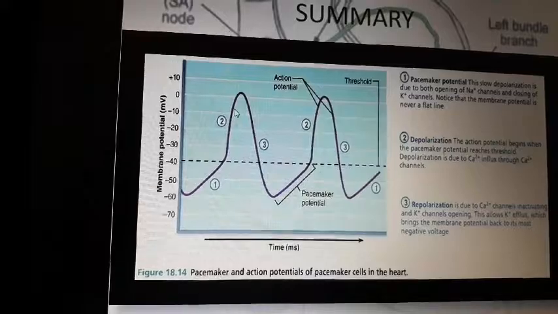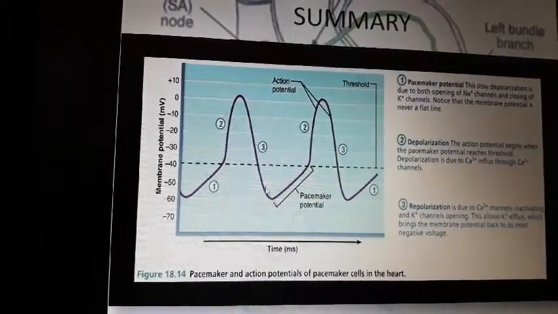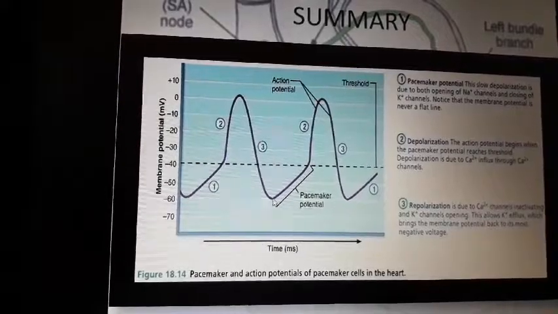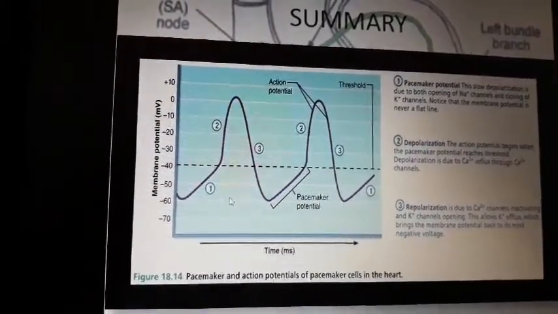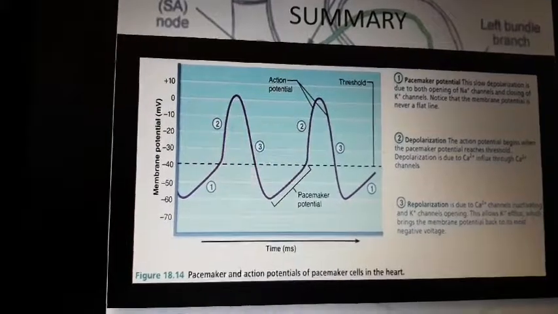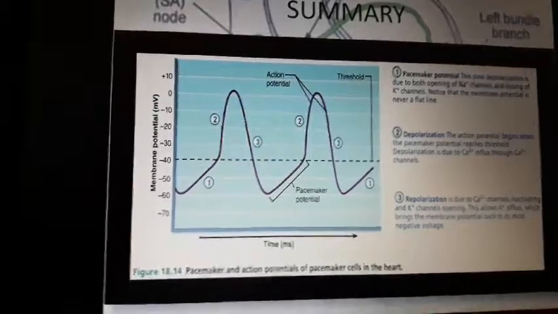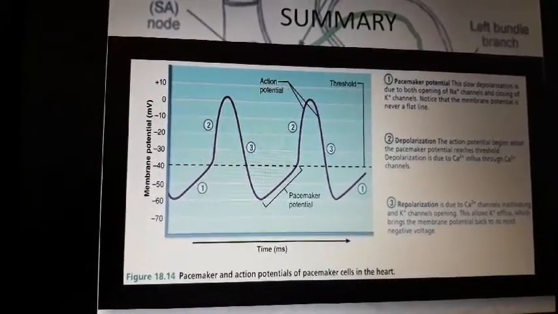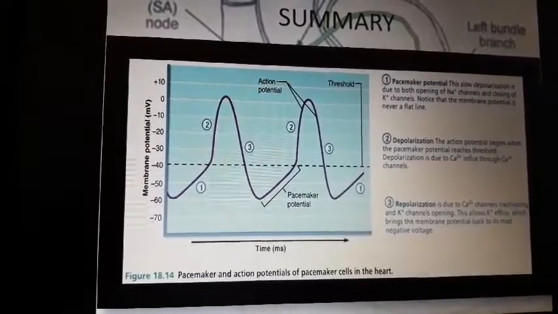In pacemaker potentials, the slow depolarization is contributed by potassium as well as funny sodium channels, never touching or making a flat line. And one of the major differences between a nervous action potential and a pacemaker potential is that the action potential in pacemakers is majorly contributed by L-type calcium channels, whereas in nervous tissue it is contributed by the voltage gated sodium channels.